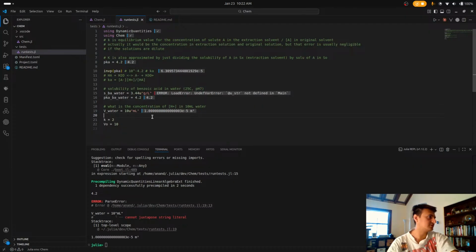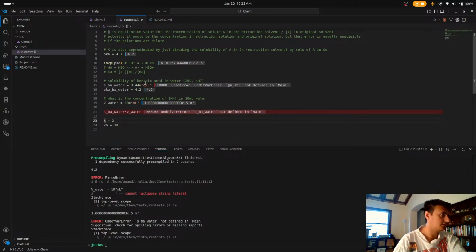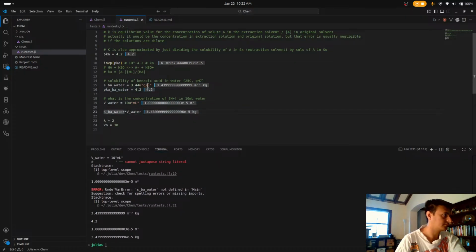So I should be able to just do the solubility of BA in water times the volume of water. And this is in kilograms. But then to determine the, hold on, I'll be right back.